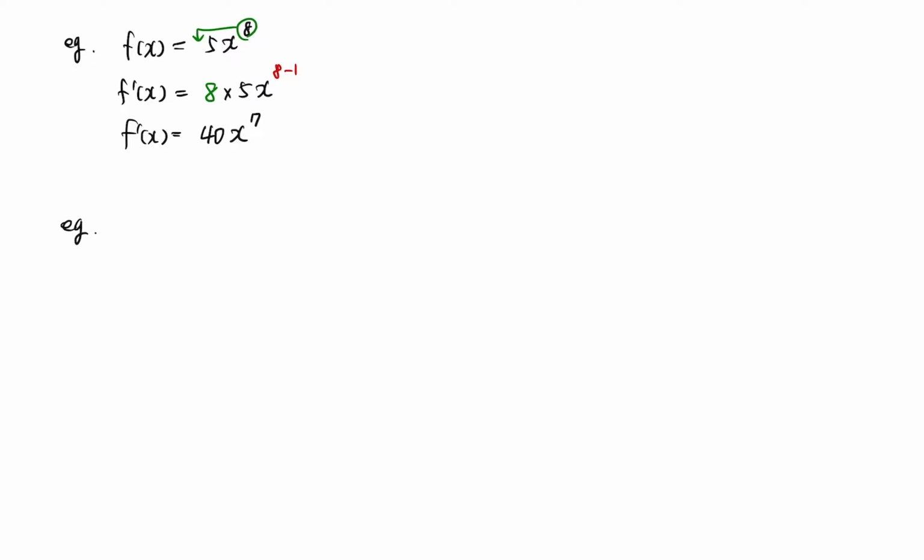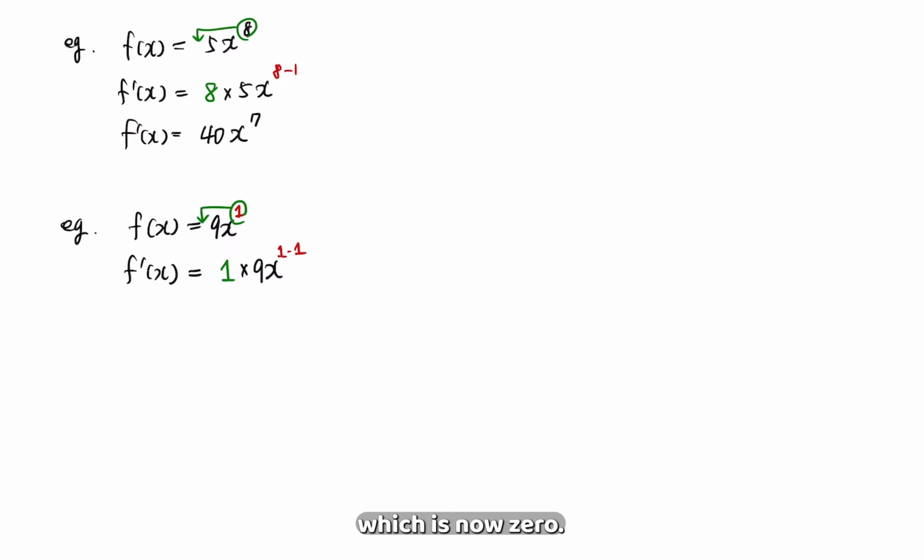Now let's go for when f(x) is equal to 9x, then f prime x is, since we can rewrite 9x as 9x to the power of 1, move down 1 first, then times by 9x to the power of 1 minus 1, which is now 0. Then we can write it as 9x to the power of 0.